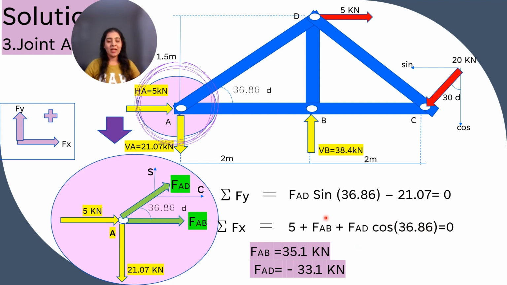So after applying these, we get FAB is equal to 35.1 kilonewton and FAD is equal to minus 33.1 kilonewton.